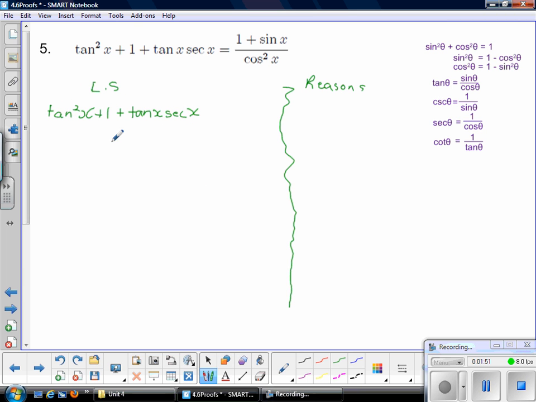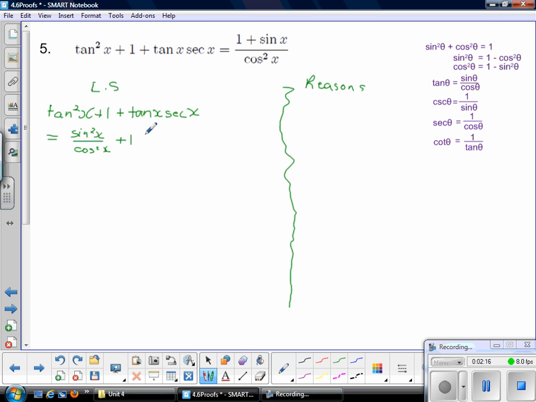I maybe could, but I think that might be a little bit too much for me right now. So the first thing I'm going to do is I'm going to replace with the identities that I can. So the first one would then be sine squared x over cos squared x. I'm going to leave 1 the way it is for now.